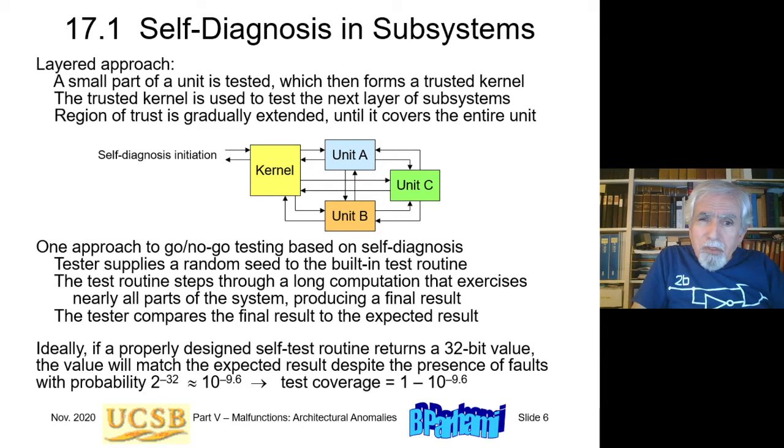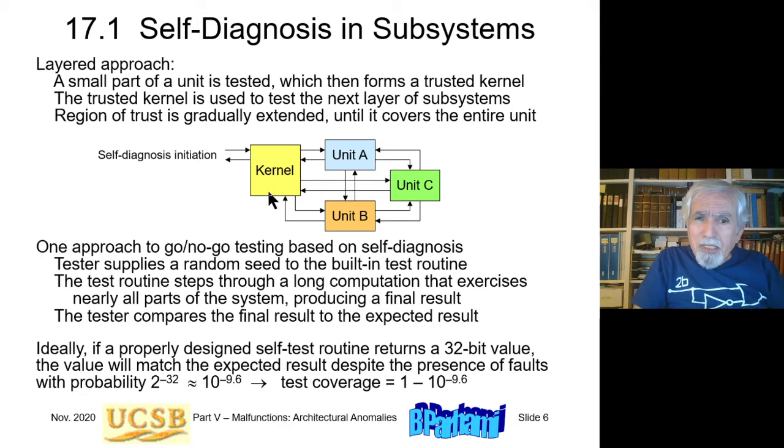And then we use the kernel to diagnose unit A maybe, and then now we trust this part of the system. Then we use those trusted parts to diagnose unit B. So we basically extend the trusted part of the system until it covers the entire system.